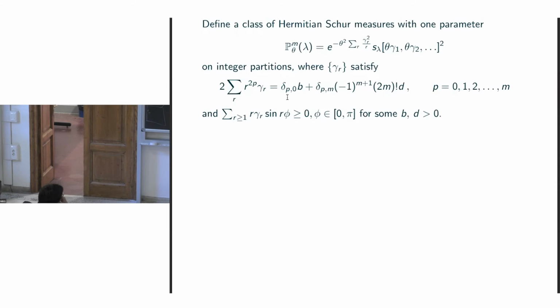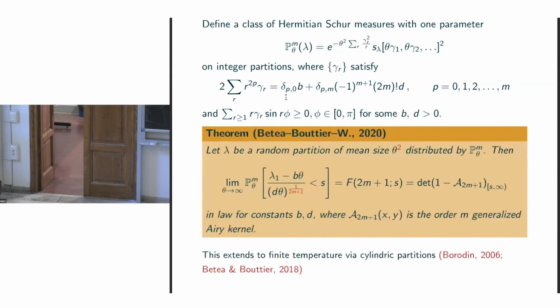One of them just sets a coefficient b, another just sets a coefficient d that we need in our theorem, and an extra condition here makes our proof work, basically. In particular, first the momentum spectrum associated with this.